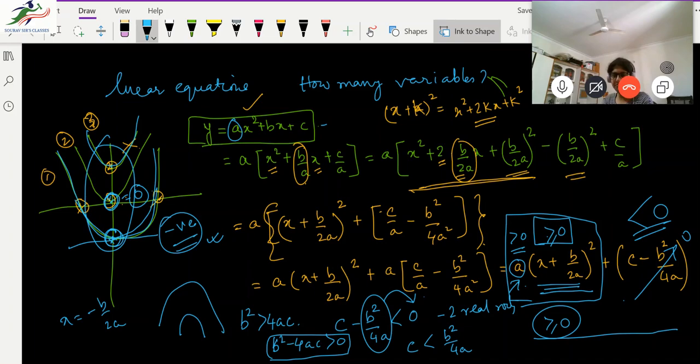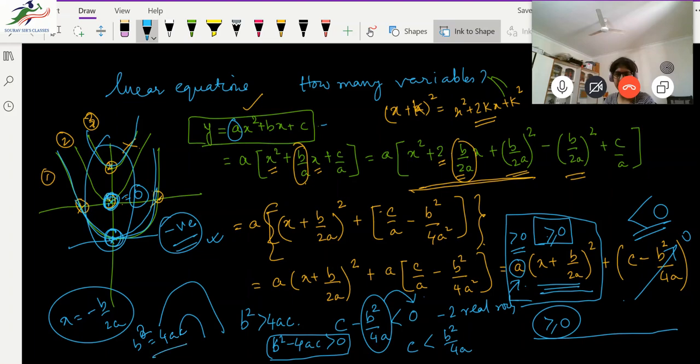If it is equal to 0, then x is equal to minus b by 2a, which would be the solution for unique solution for this equation. Clear, right? And that can only happen when b square is equal to 4ac.